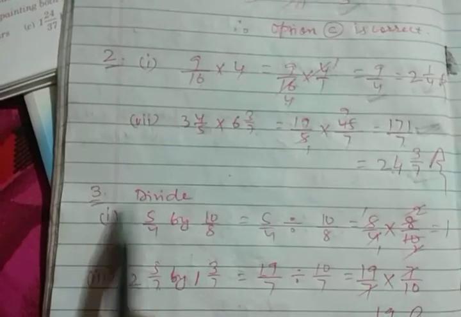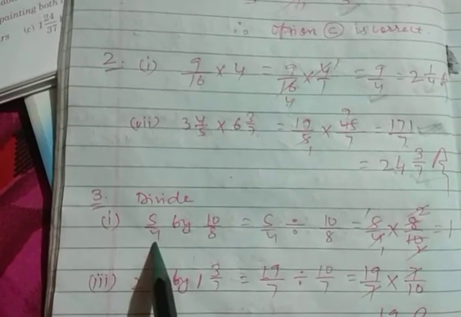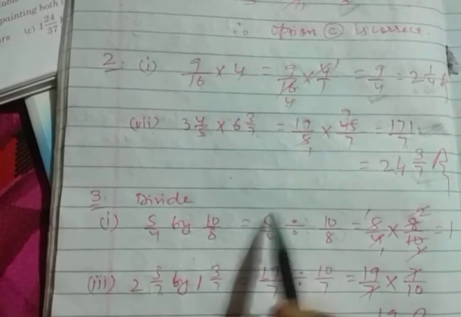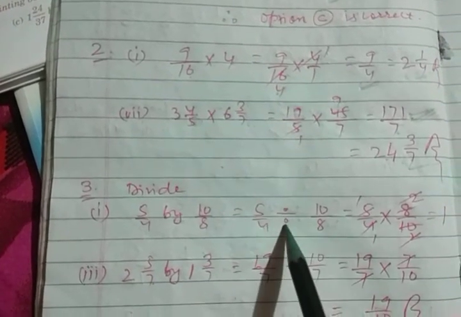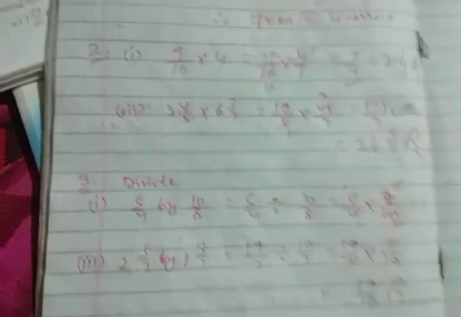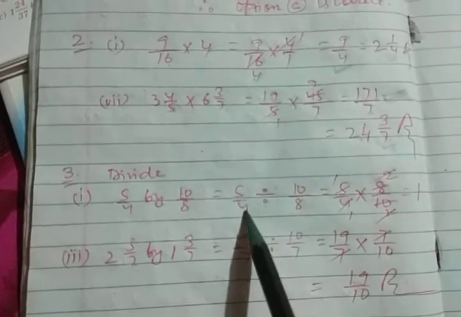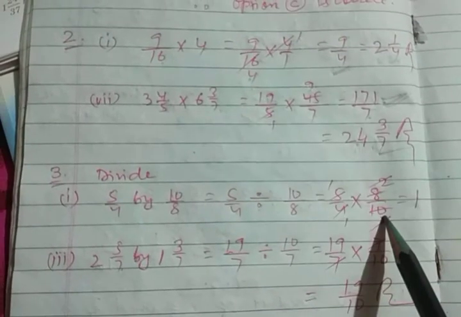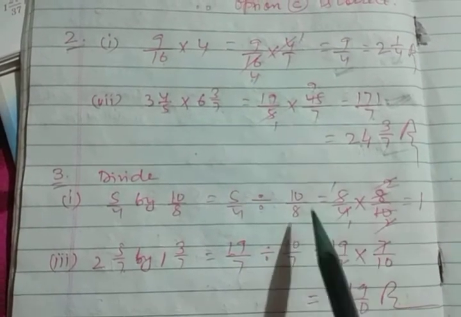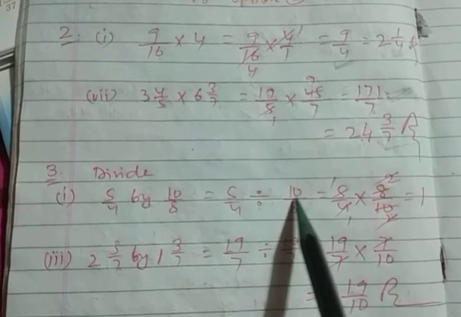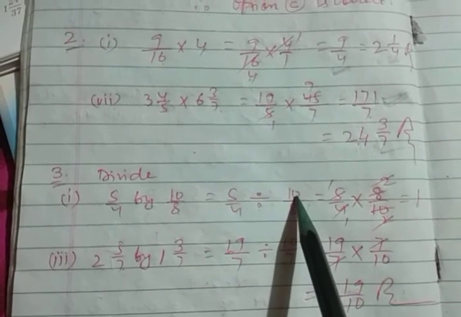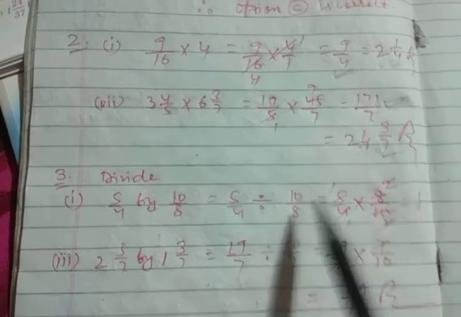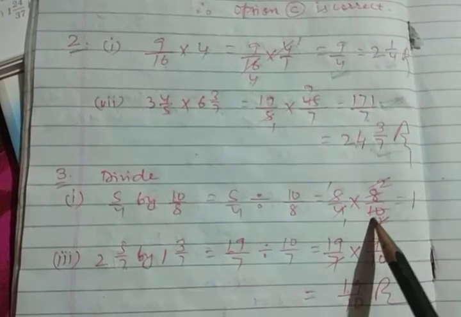Now question number 3. Divide 5 by 4 by 10 by 8. 5 by 4 divide 10 by 8. That means 5 by 4 multiply 8 by 10. Why? Since the reciprocal of 10 by 8 is 8 by 10.